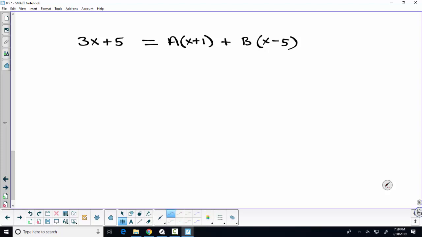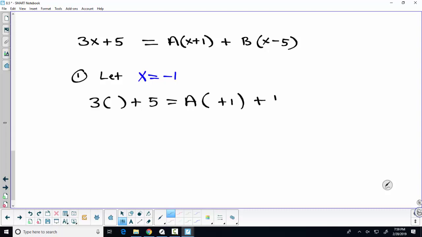What we do is we have a factor of x plus 1 attached to A. If we let x equal -1, then that factor attached to A is gone, right? So let me see this. We have 3 times -1 plus 5 equals A times -1 plus 1, which is 0, plus B times -1 minus 5.